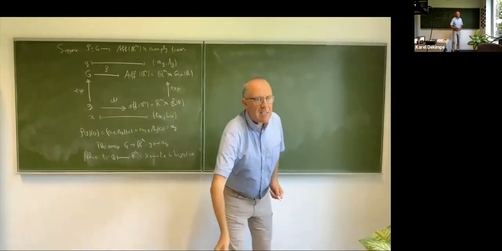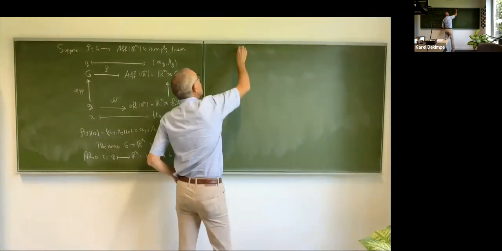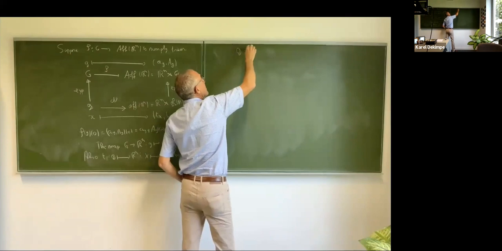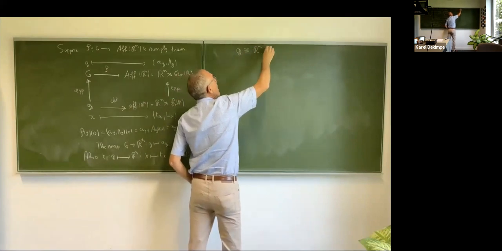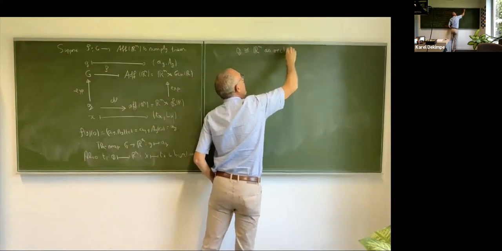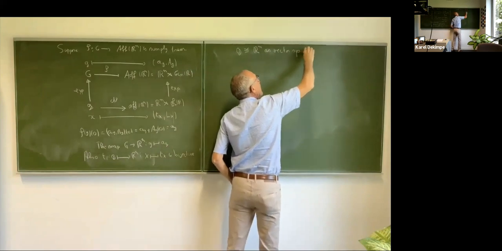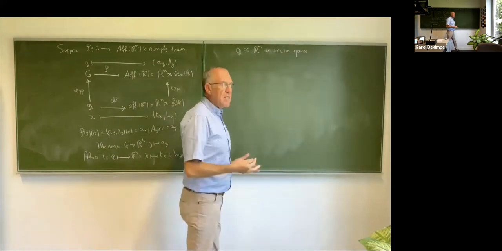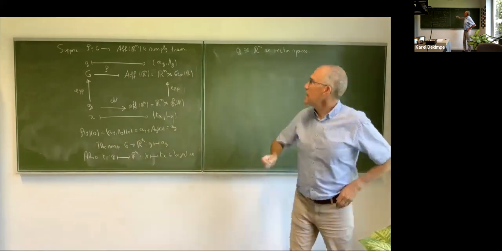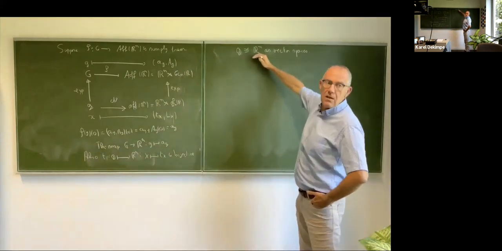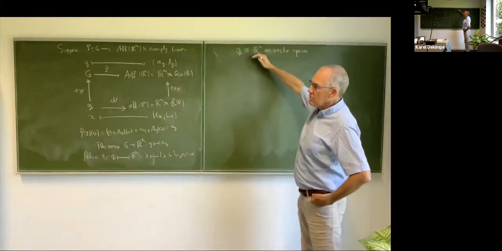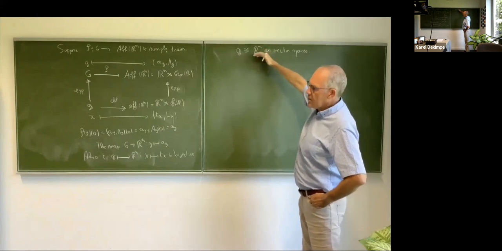Okay. So as vector spaces, g is isomorphic to Rn, and so we can identify them with each other. So we can say that g is actually Rn with some bracket, with a Lie bracket.